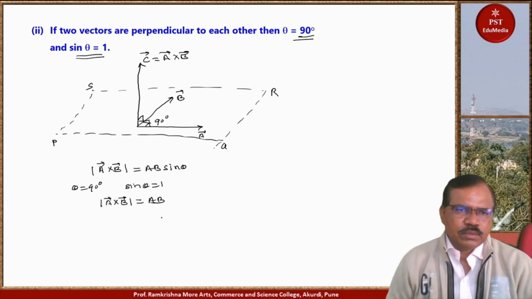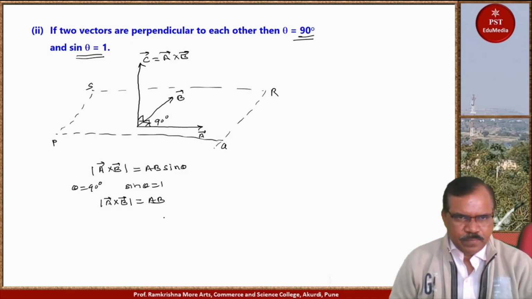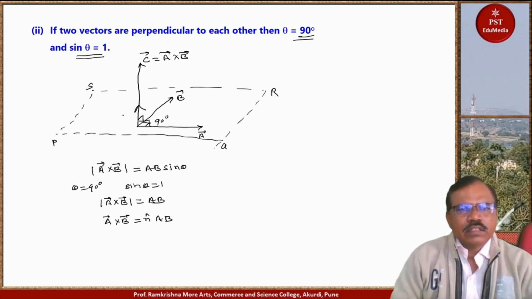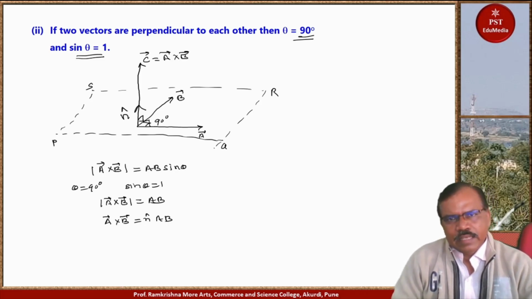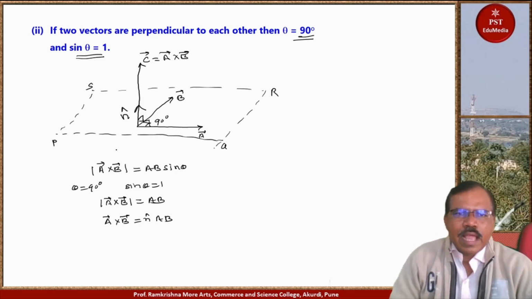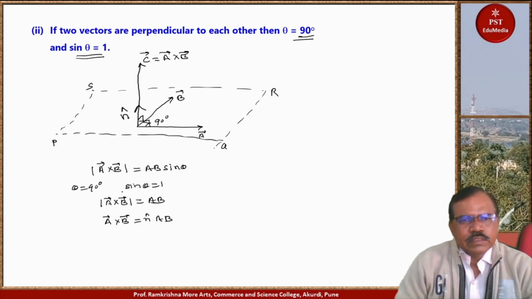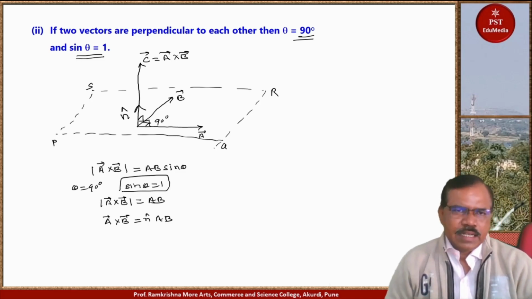Or you can write A cross B is equal to n AB, where n is the unit vector along C, and it is perpendicular to A and B. And we know this is the maximum value of sin theta, that is 1.